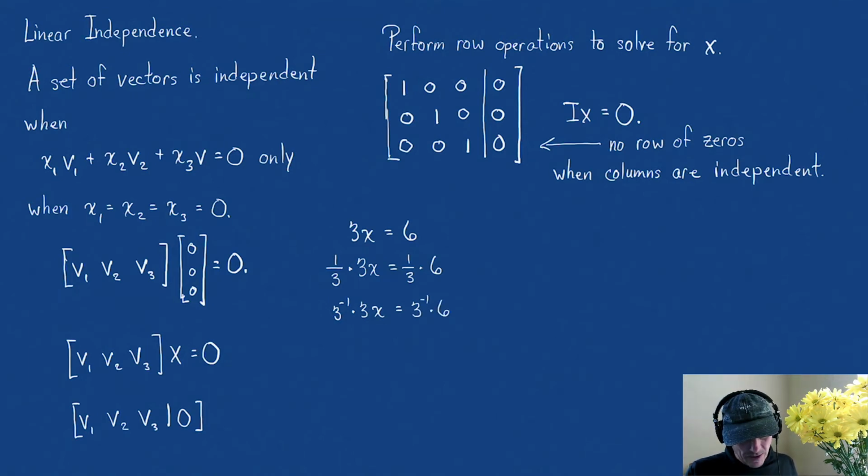Okay, well, 3 to the negative 1 times 3 we usually didn't write. But if we just took a moment and wrote it, that's just 1 times x equals 3 to the negative 1 times 6. But we usually don't write the 1. It's implied. Our answer would have been that x is 2, but I'm going to leave it as 3 to the negative 1 times 6.